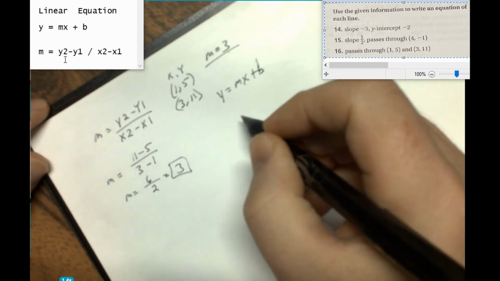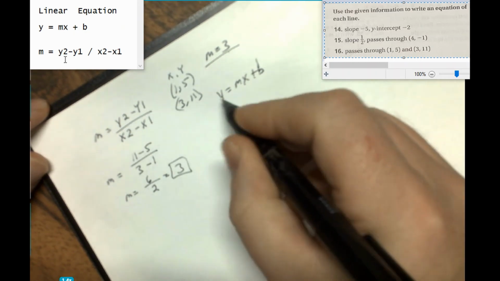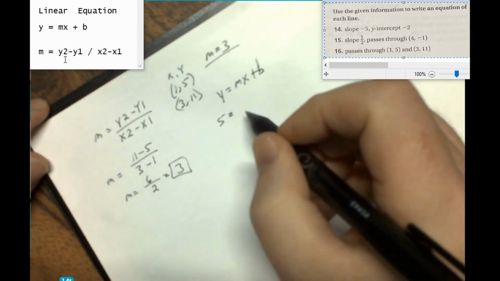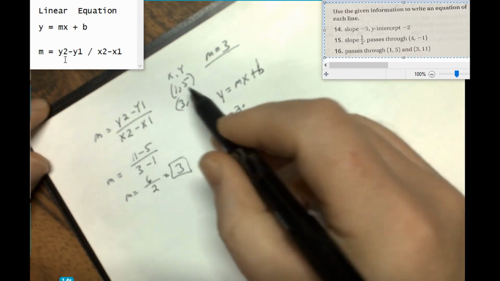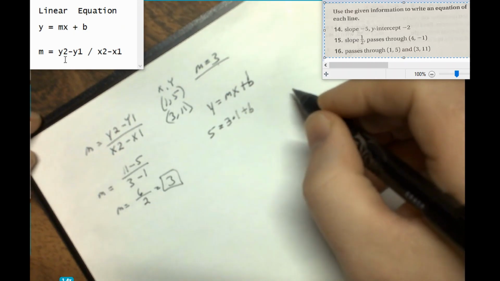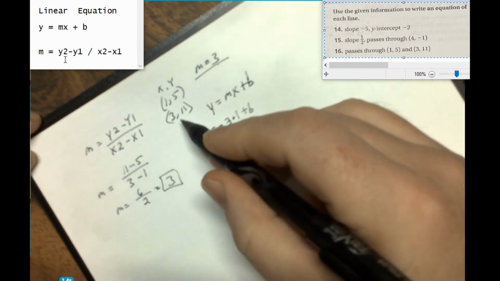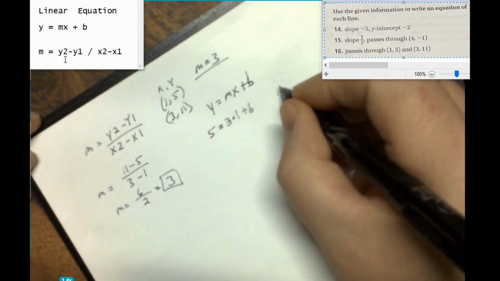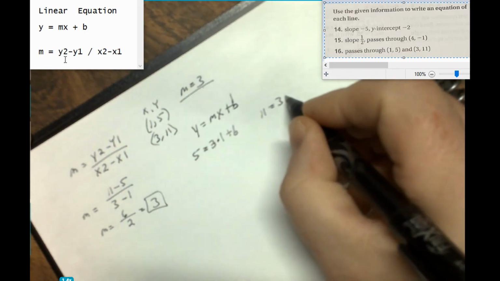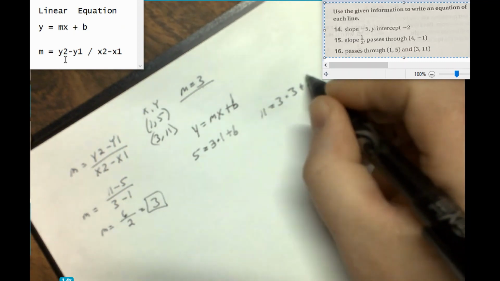So the first one is 5 equals our slope, 3, times our x value of 1 plus b. And our second one, our y value is 11 equals, again our slope is 3 times the x value plus b.